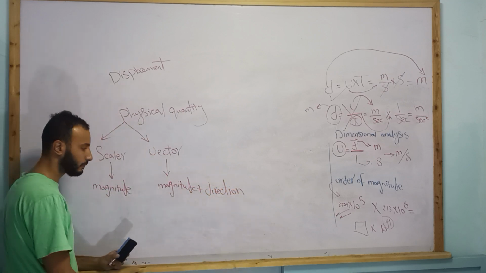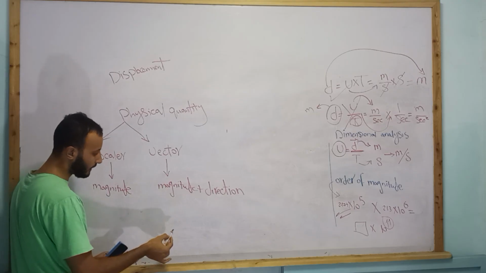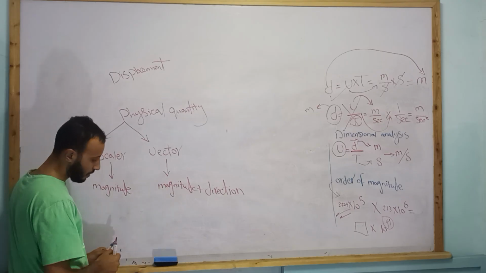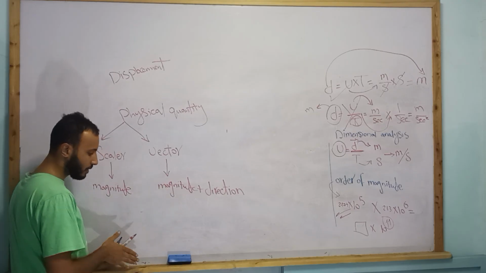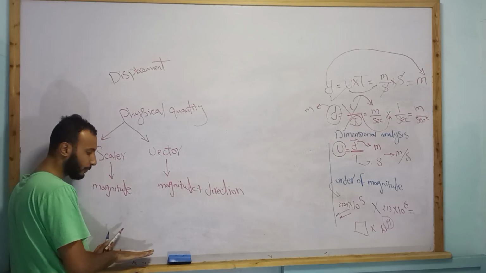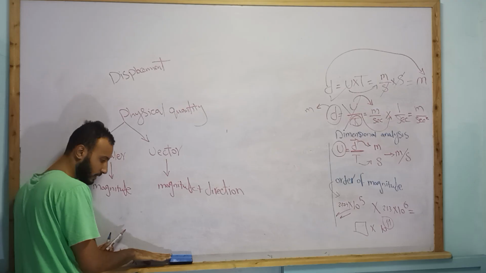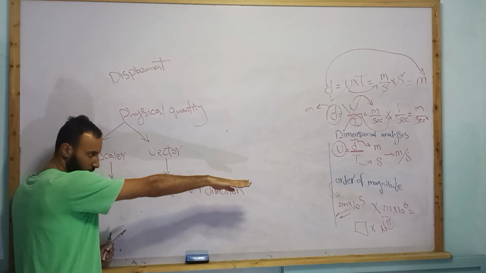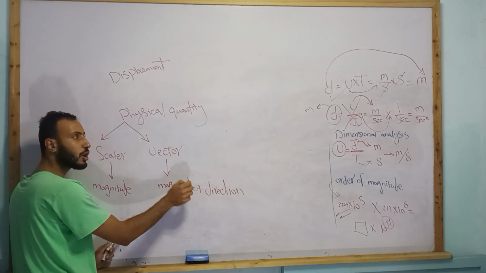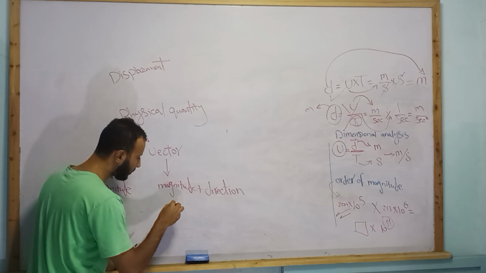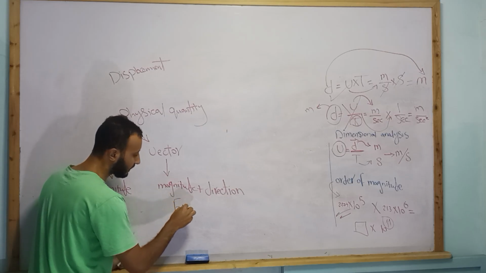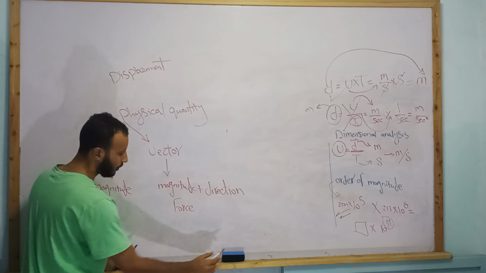Like number one, we can say force. Because if I have this duster, and in order to apply force on this duster, for example 10 Newton, I apply 10 Newton on this duster in this direction. So it means it requires direction. So the force is a vector example.